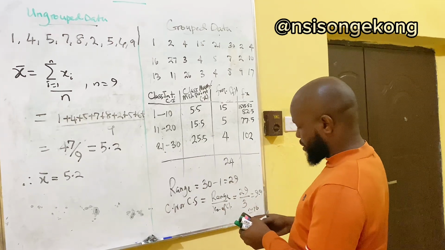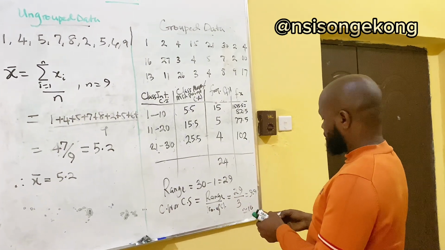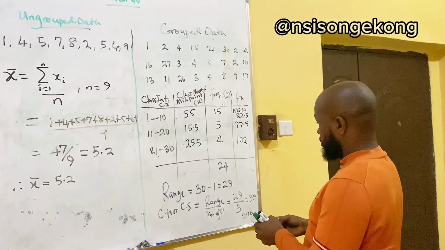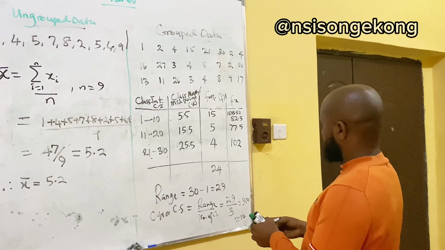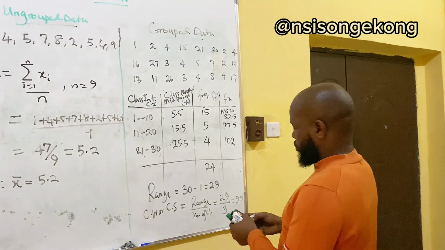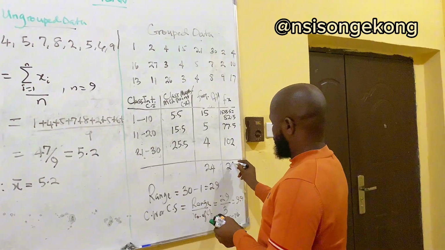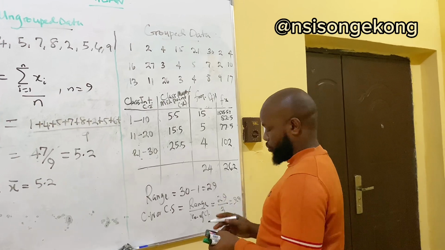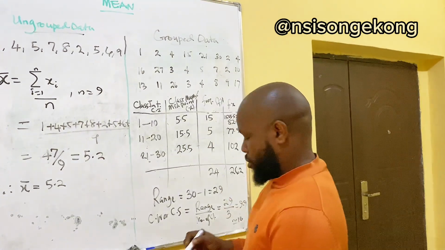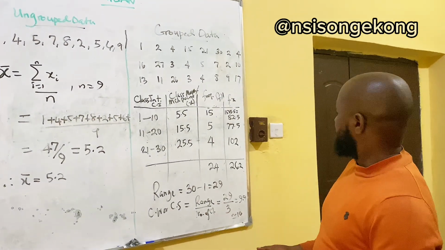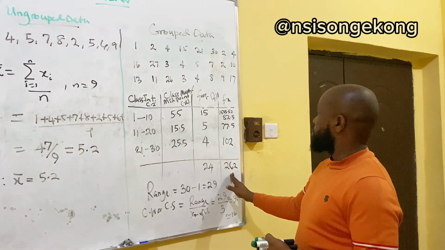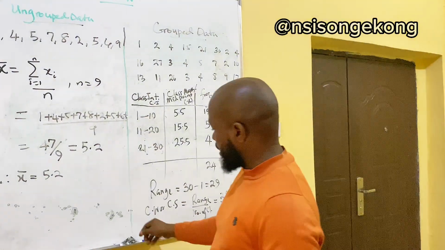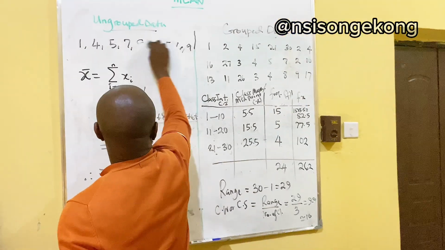If we sum that particular column, we have 262. Okay? So now that we have the sum of the frequencies and the sum of the product of the frequency with this variable column, we can now obtain our mean.